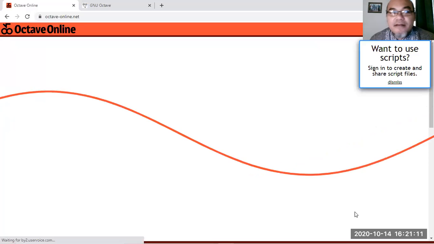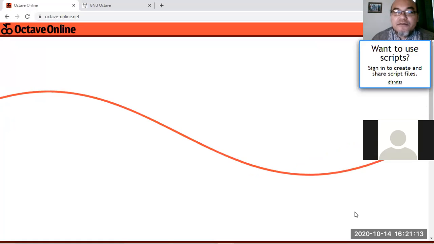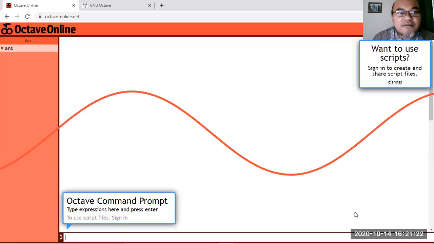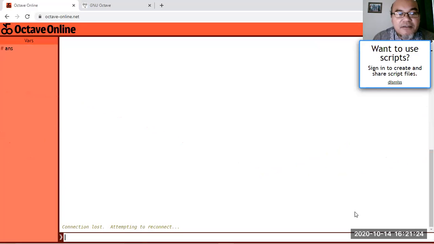If you want to write your Octave script online immediately without having to download anything, you can use Octave Online, octave-online.net.